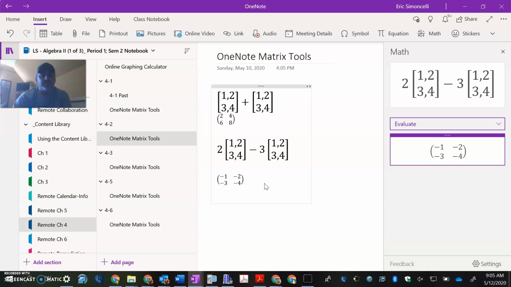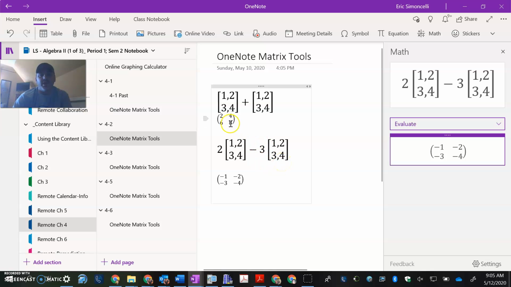Real quick, just to prove or verify that we're right, let's do this by hand in our head. 2 times 1, 2 times 2, 2 times 3, 2 times 4. Okay, we already knew that that's 2, 4, 6, 8. But what about -3 times 1, -3 times 2, -3 times 3, -3 times 4? Well, that should be -3, -6, -9, -12.